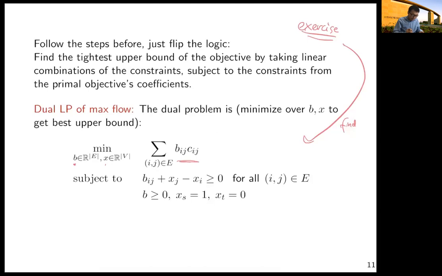So you can think about this Xj and Xi as a potential function at every vertex, and this Bij needs to be larger than the gap of the potential function at these two nodes, and in addition, we want the potential function at the source to be 1 and the potential function at the terminal to be 0.